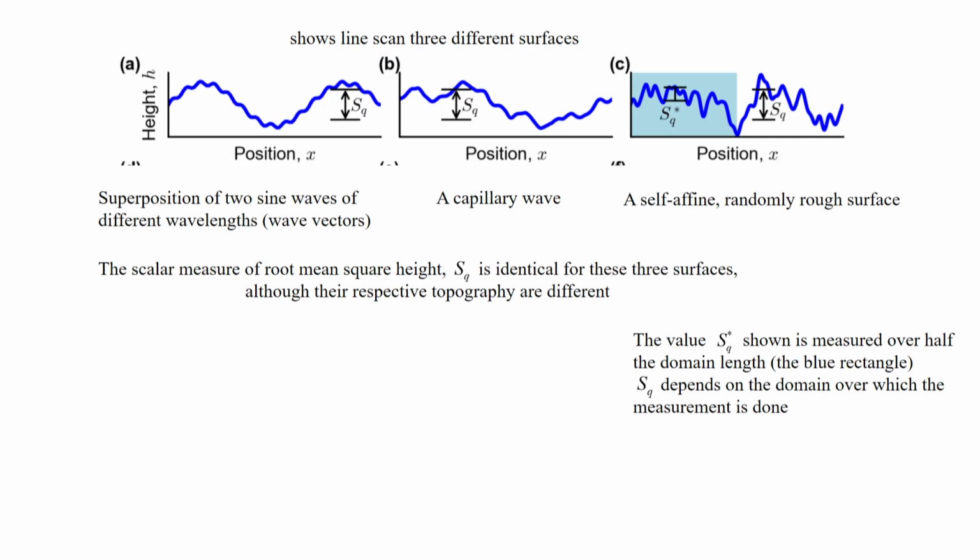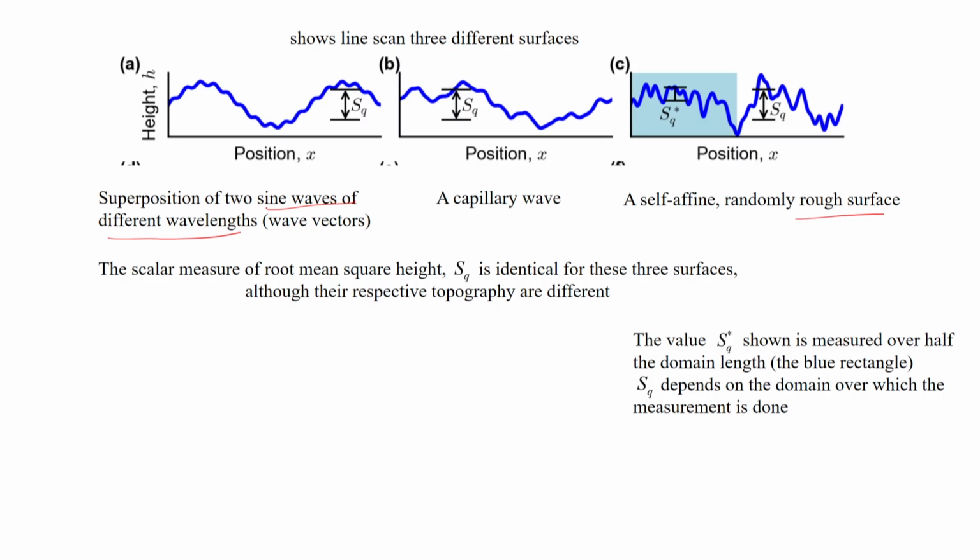For example, this surface A is a superposition of 2 sine waves of different wavelengths. Just superpose these 2 sine waves and it will give this profile, and the RMS roughness will be SQ, which is the same as the others. Now this is a capillary wave, another surface having another random roughness, and then here is a randomly rough surface, which is another case.